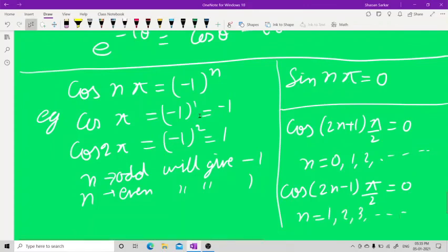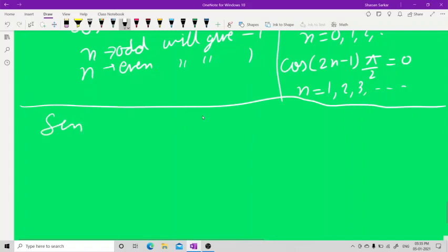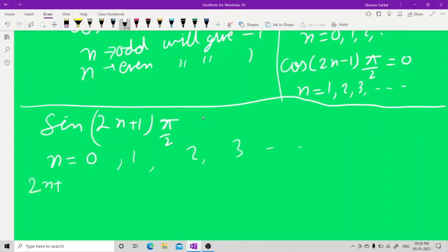Now, if I write sine 2n plus 1 pi by 2, see what happens. At n equal to 0, 1, 2, 3 and so on, you will get 2n plus 1 as pi by 2.